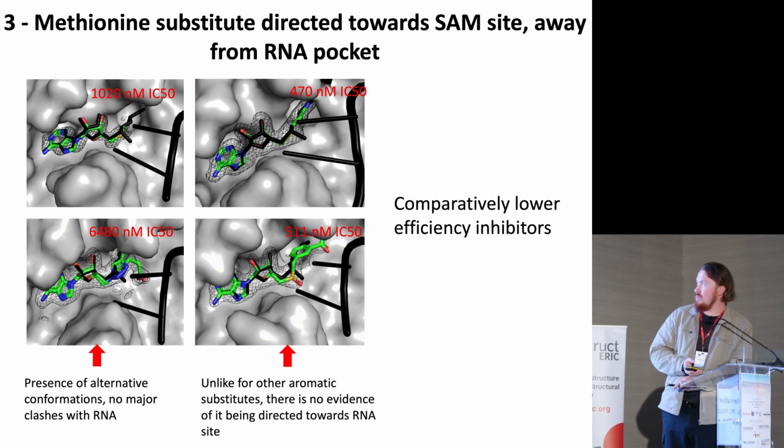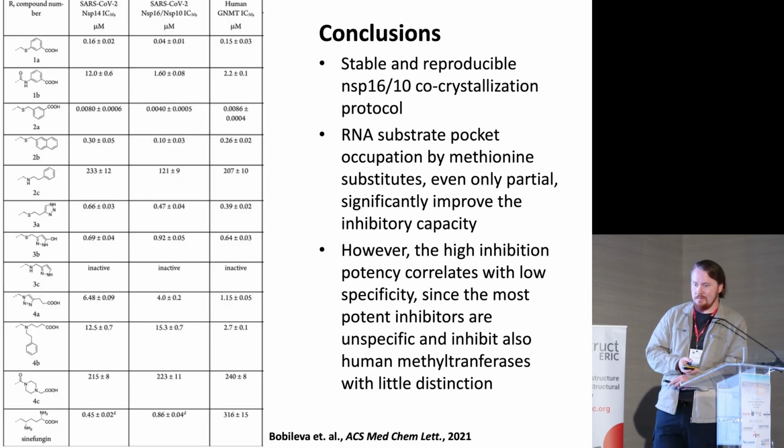Even aromatic compounds are able to position themselves away from the RNA substrate. So what we could conclude from all of this is that you need to occupy at least partially the RNA binding pocket for a very powerful, very efficient inhibition of this methyltransferase activity.